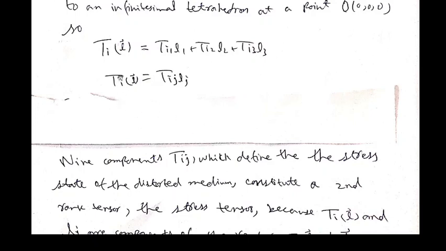These t_i are the components of the traction vector t, and these l_j are also the components of a unit normal on that surface. So this must be a tensor of second order, and we are saying that this tensor is a stress tensor.